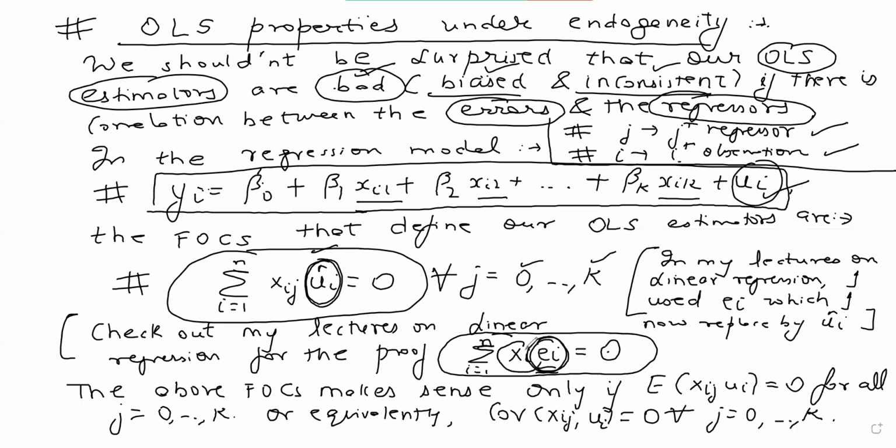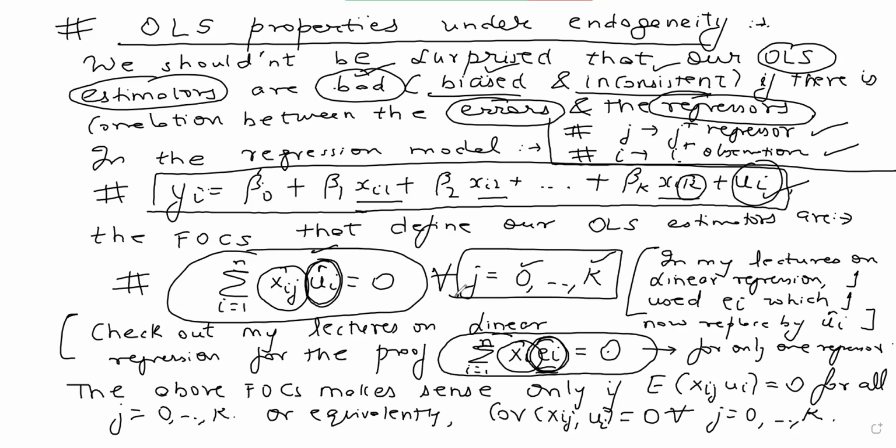And instead of xi, I now write xij because I have j such regressors. That was for only one regressor. Now I have capital K such regressors. So I can say summation xij ui hat is equal to 0.